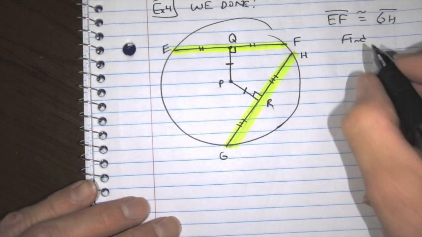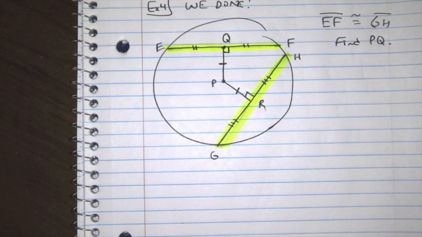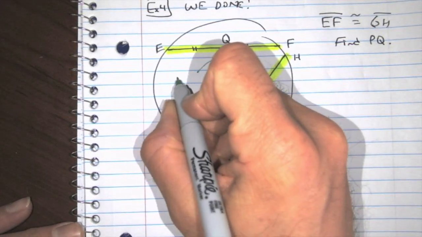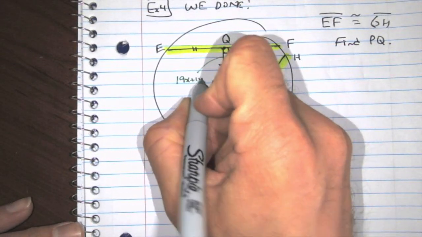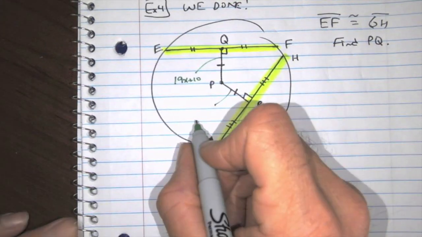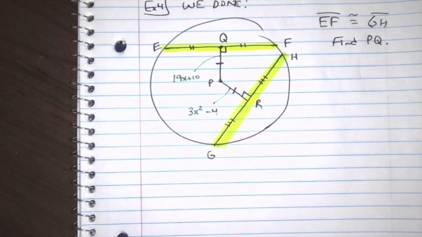I'd like you to find PQ. And I got to give you some expressions, so not really done here. PQ is, let's see, 19x plus 10. And PR, I got to give you an expression there. How about 3x squared minus 4?